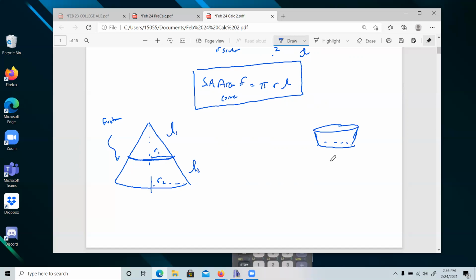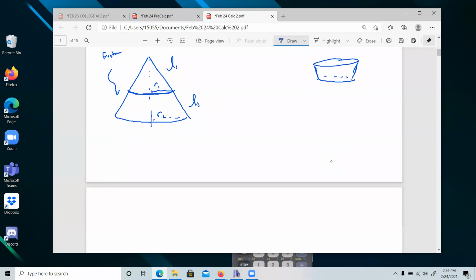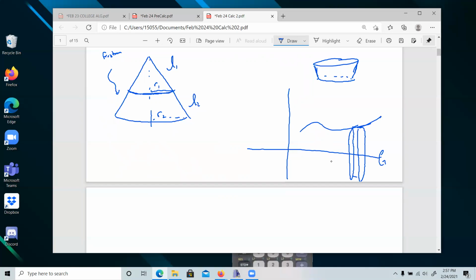And what we're going to do here, our plan is that we're going to get a random curve here and rotate it. So you have the same thing down here. I can't draw that, but the idea is that we're going to have all of these tiny little pieces. See, that kind of makes a frustum, right? And we're going to add up all of these pieces.